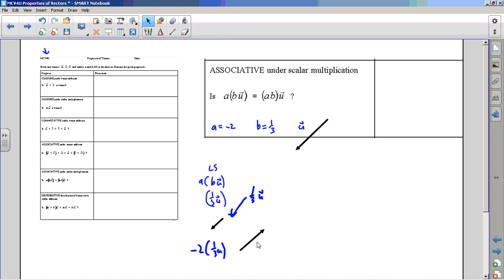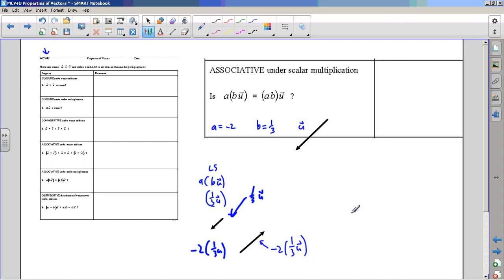This vector here, I'll make it blue so I'll do my other one in red. So this vector then is -2 times this vector I constructed earlier. That was the vector that was 1/3 of U. This is the vector that's -2 times 1/3 of U.